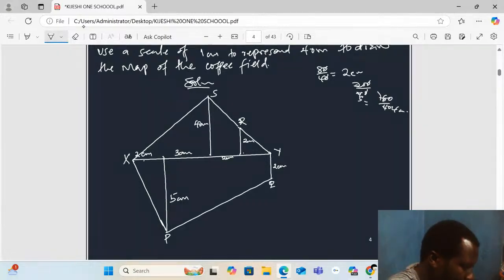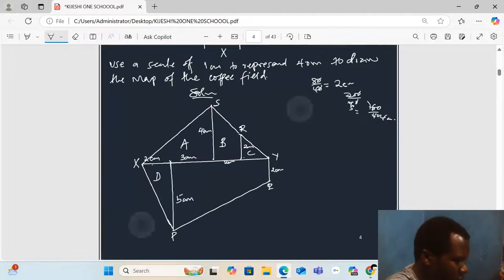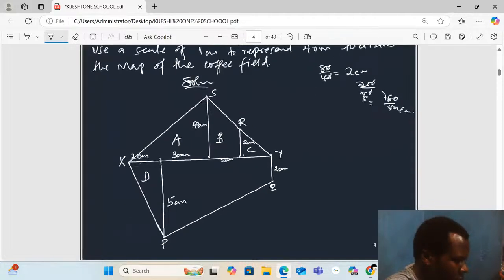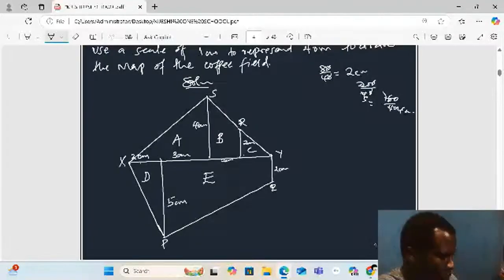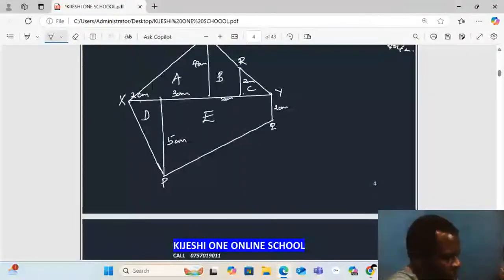So we have A, B, C, D, and E: triangle D and trapezium E. So we find the area of each, starting with A to E.